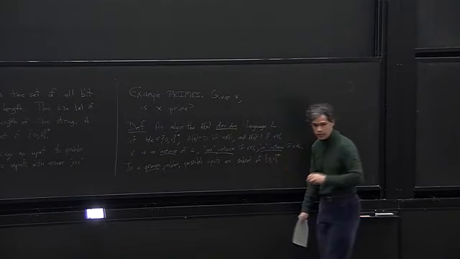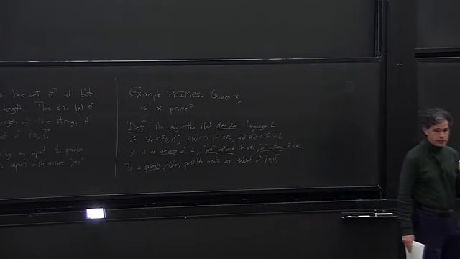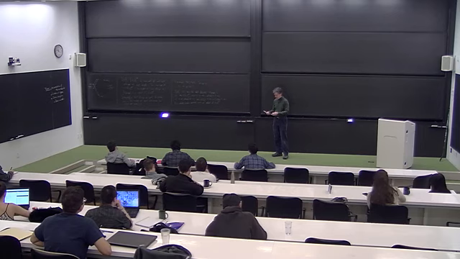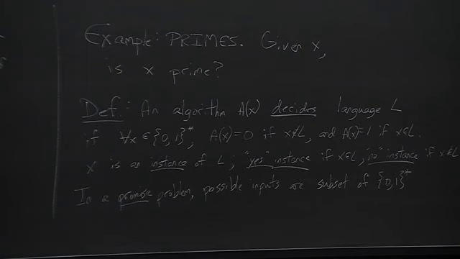So we'll only take bit strings that have certain properties. And then the instances will just be the allowed inputs to the problem. OK? So are there questions on these definitions so far?